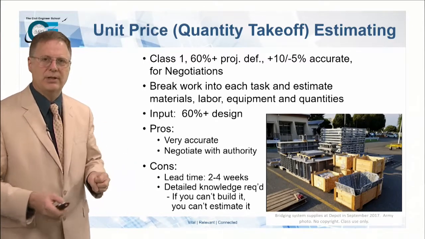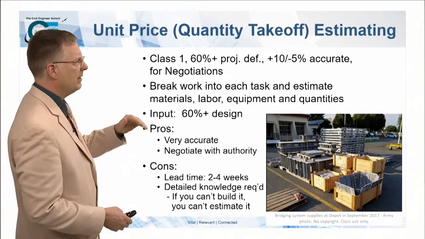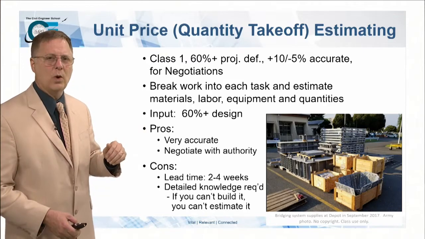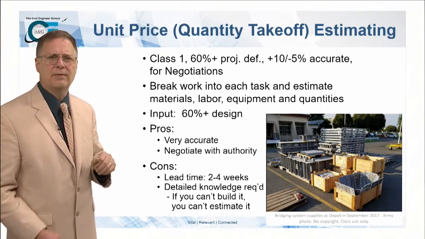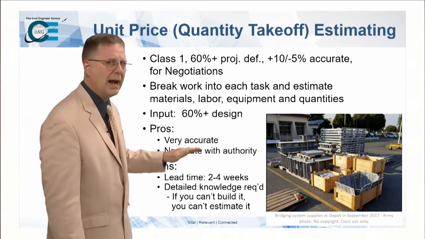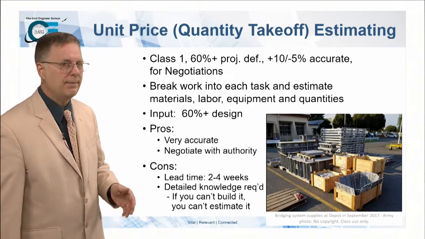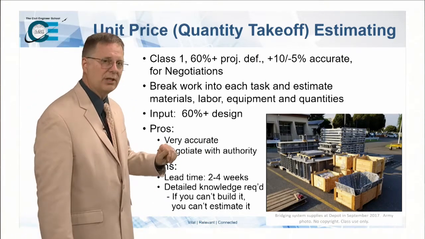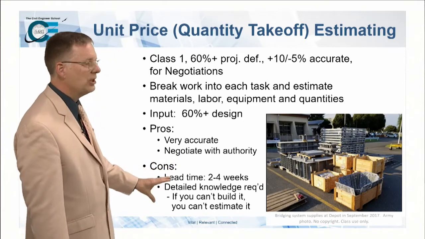I'm going to excavate some material. All of that, I'm going to break it down into the materials, the equipment, and the quantities, and the labor, and all that stuff that's involved. It's very accurate. It's the way your contractors estimate, and it enables us to negotiate with authority, but it takes a long time to do it.